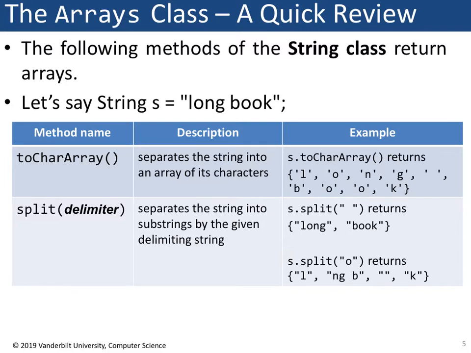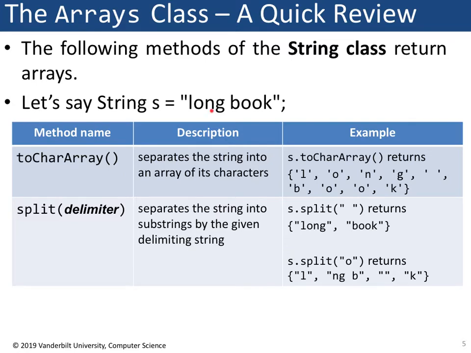So as another example, if we were to use o as the delimiter, so s.split, and then we pass o as the delimiter, then it will return l, ng space b, right, because it split it on the o. So we have an l, then we split on the o, so the first string in our array is an l.